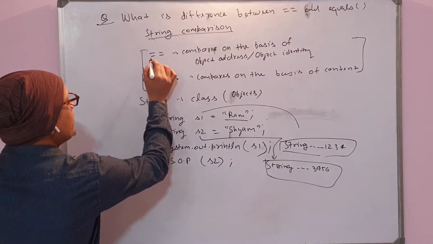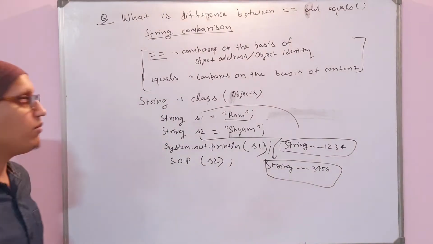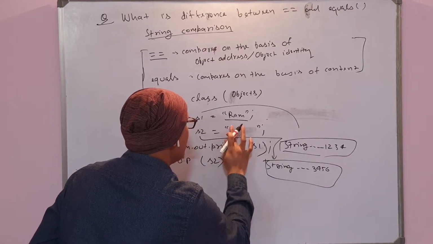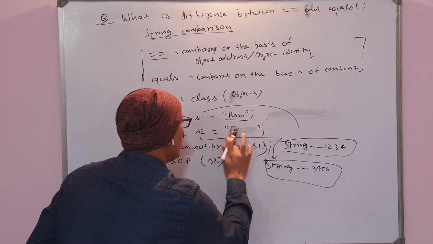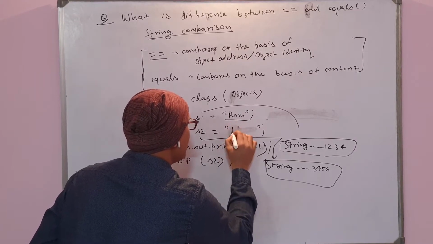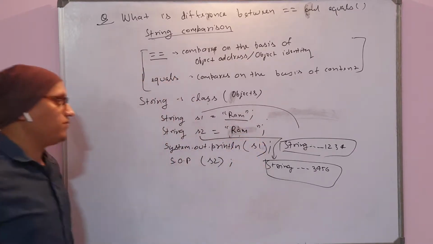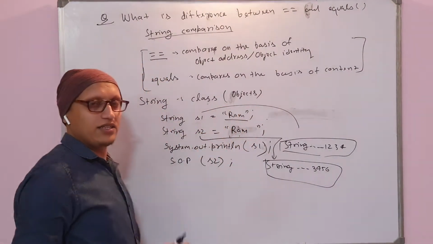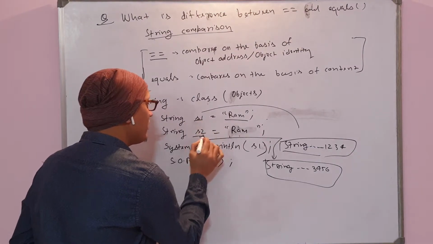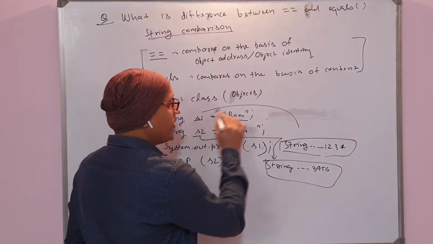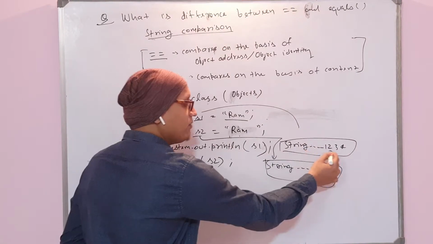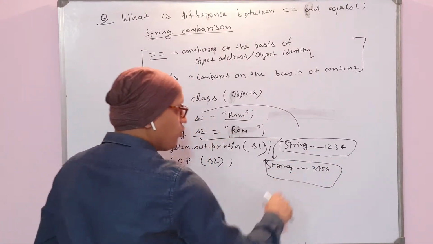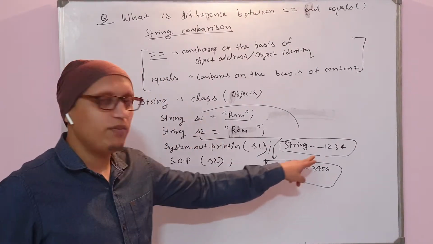Okay, but as per definition, go for double equal. Even though both look very much the same, when you are creating the objects, it automatically creates an object identity value which will be different. Even though contents are same, these identities will be different.